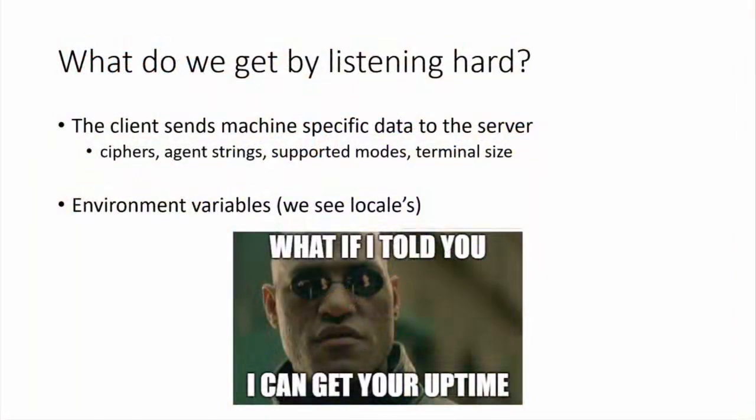And things like their terminal size. And there's no smoking guns on this information, but it's interesting to know. We can even, in some cases, get the user's locale, which can be quite useful for maybe geolocating an attacker. But I can get other things from that. What about your uptime?